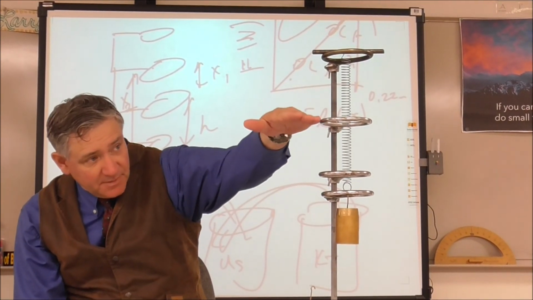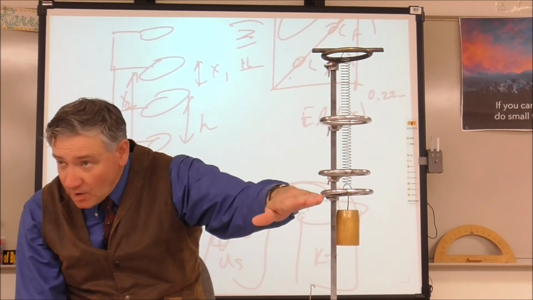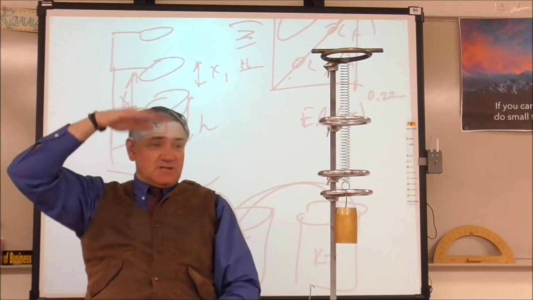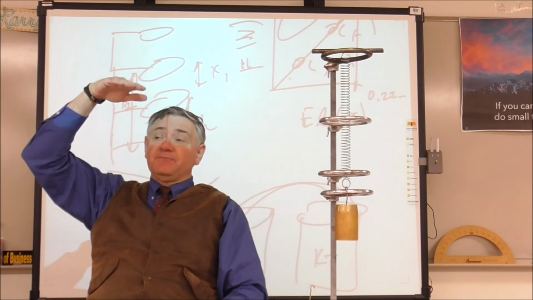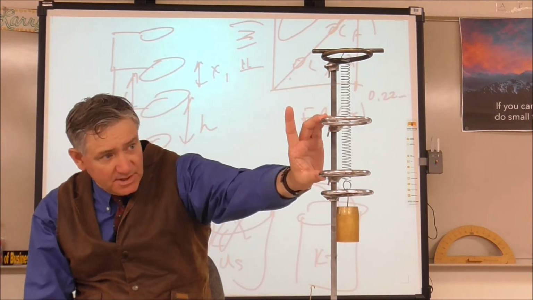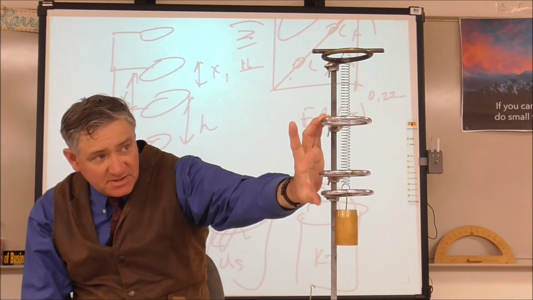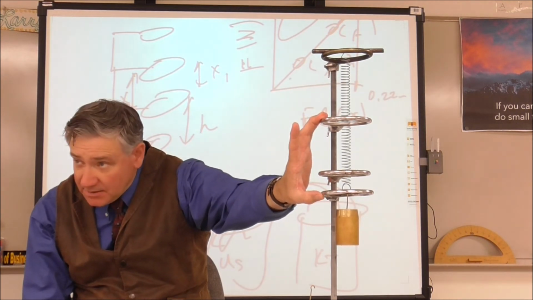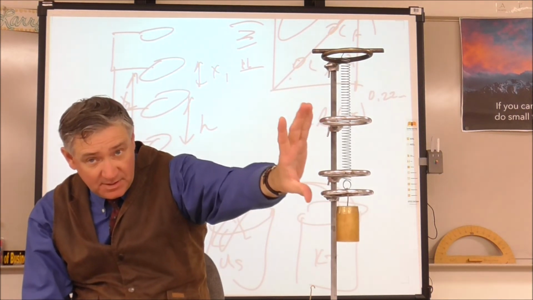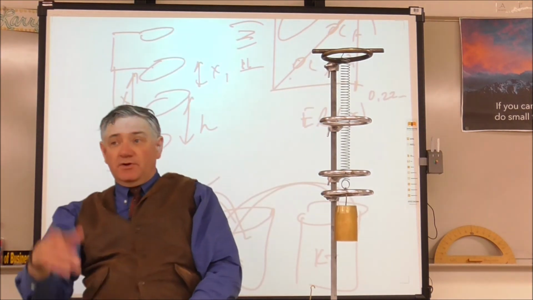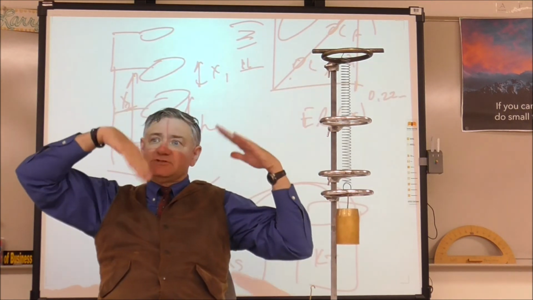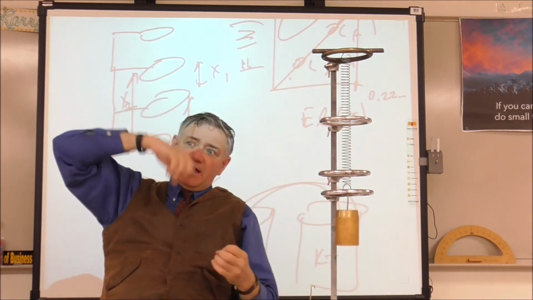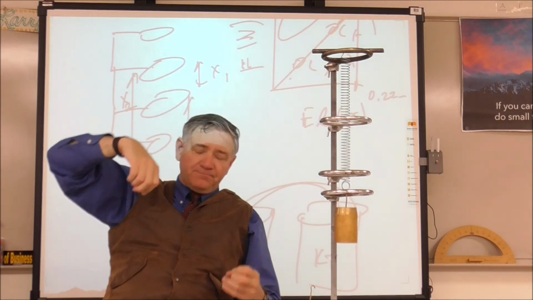X2 is from here all the way down. So X2 is going to be the biggest value, okay? So X1 is from here to here. X2 is from this ring down to here. That's X1, that's X2. You're going to use that to calculate the energy stored in the spring as it oscillates back and forth.